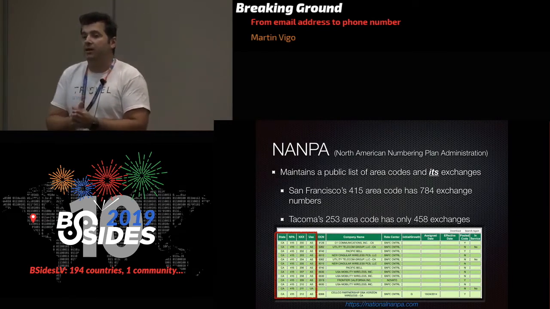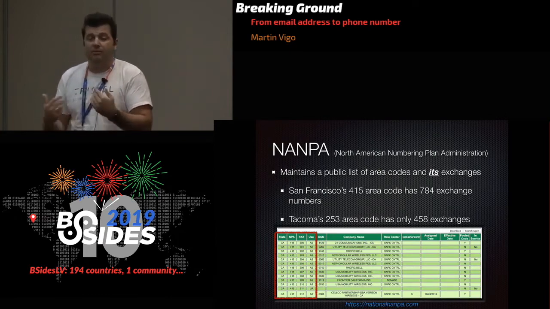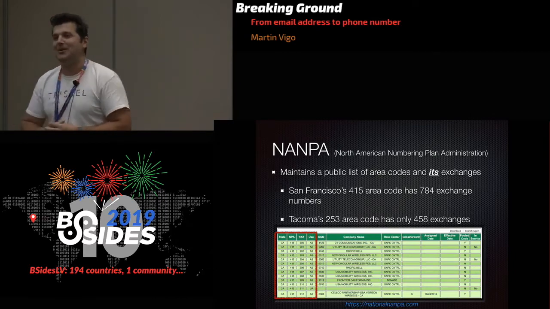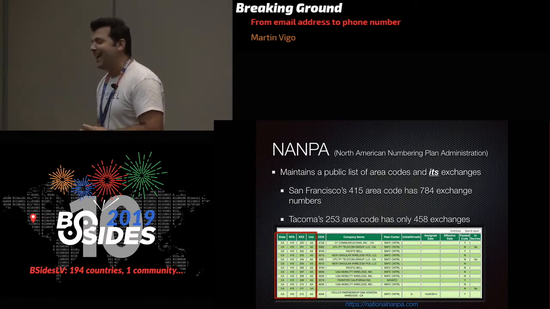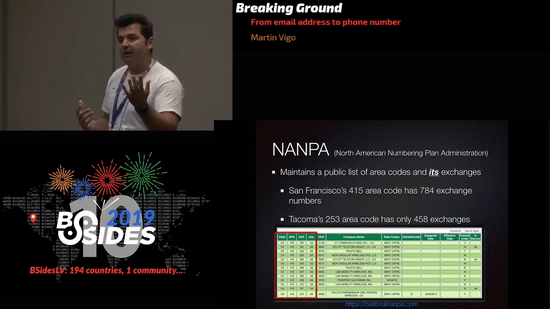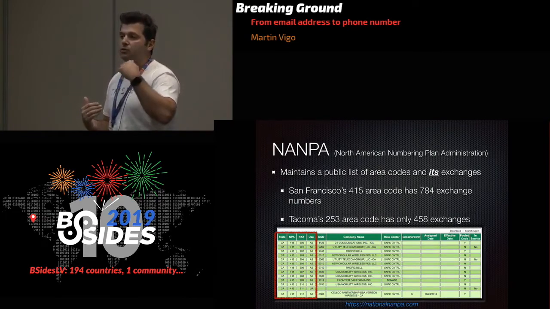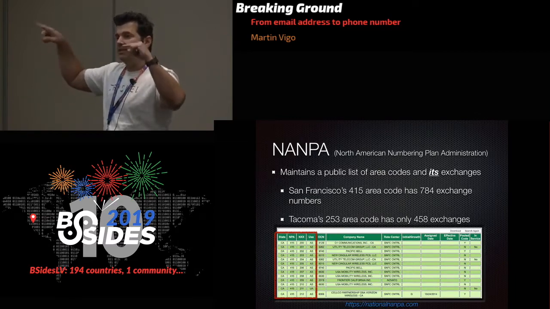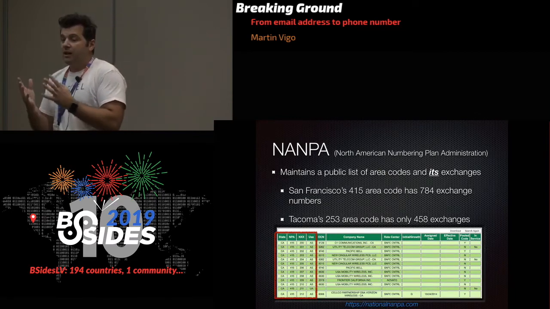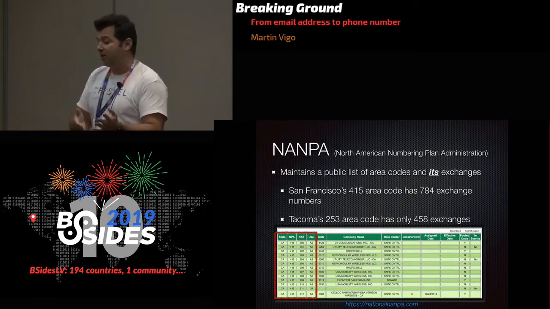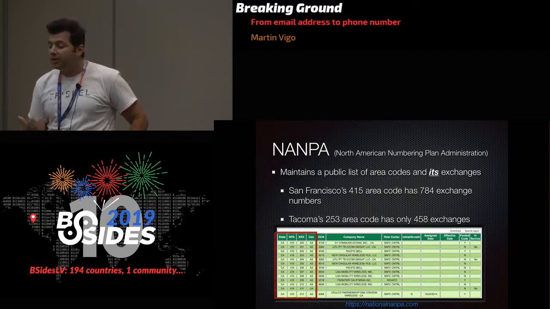For example, I live in San Francisco. I don't want to leak my phone number now, but say I have a number that starts with 415, there are only 784 exchanges for that area code. So I don't need to try all 1,000 phone numbers that I'm missing from harvesting from the services, because about 200 of them are not valid since they don't have an exchange assigned. Tacoma is an especially interesting case.